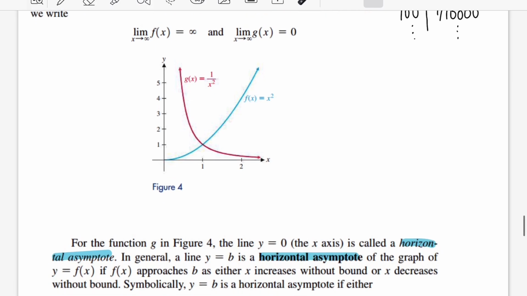So essentially, our line y equals b is a horizontal asymptote if, as we get closer and closer to negative or positive infinity, our limit is equal to that number b.